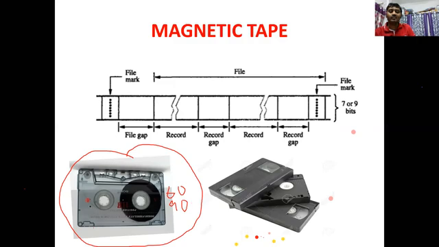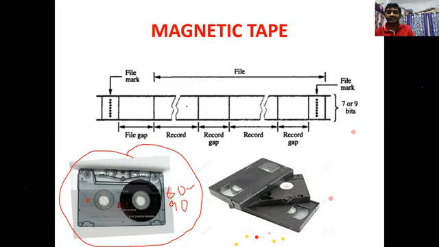This will be rotating in this way. One side plays songs for 30 minutes, then you reverse it and another 30 minutes plays. That's called a 60 cassette. We used to have Walkmans, and we used to keep this in it and play it. So now I have shown that's a tape drive.